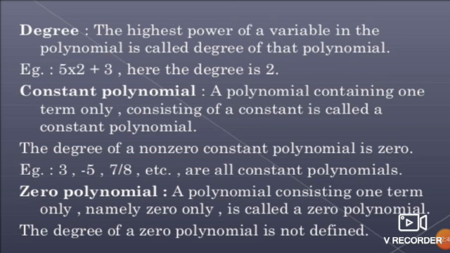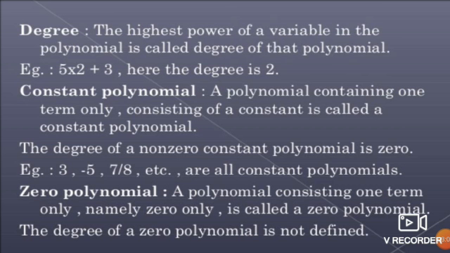Next, constant polynomial. A polynomial containing one term only, consisting of a constant, is called a constant polynomial. The degree of a non-zero constant polynomial is 0. For example, 3, minus 5, 7 by 8, etc. are constant polynomials.